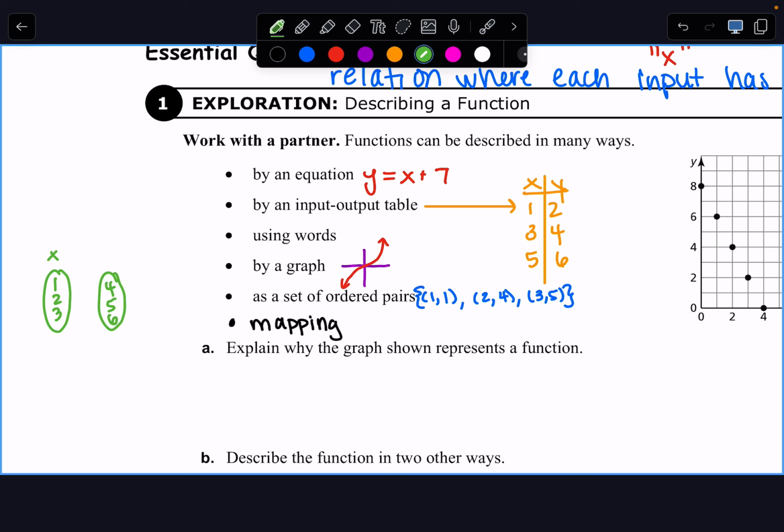Okay, so here are my x's, here are my y's, and I'm going to have these arrows that are like 1 gets mapped to 5, 2 gets mapped to 4, and 3 gets mapped to 6. So I know that my ordered pairs are 1, 5 because those are connected, 2, 4 because those are connected, and 3, 6 because those are connected.